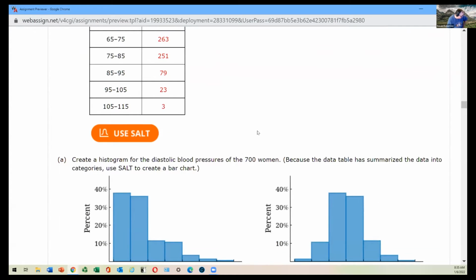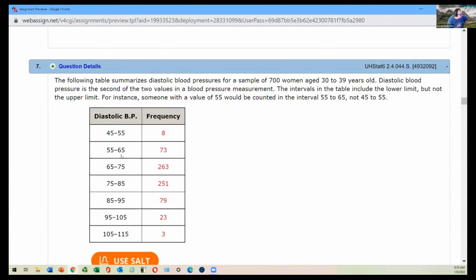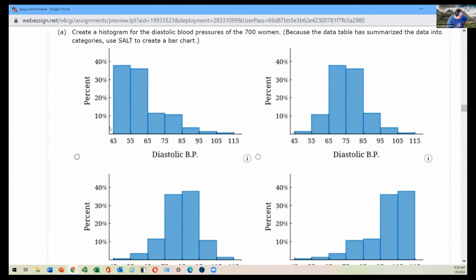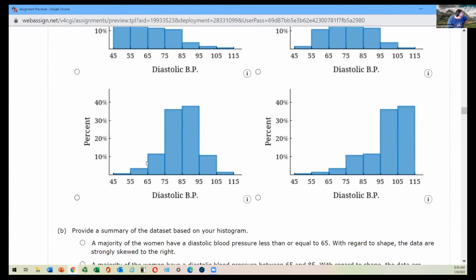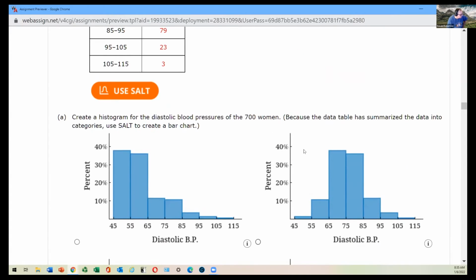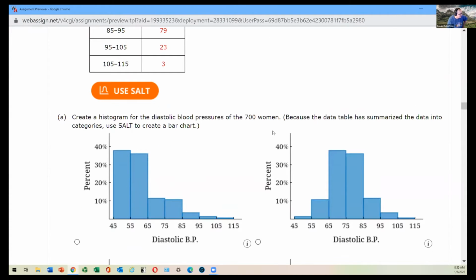Now it says here, create a histogram. Now, when you have grouped data like this, do you notice that you give the start number and the finish number? So this would be 45 to 55, and then it goes up that way. But when you look at these histograms here, do you see it's not giving you the raw data? Isn't it giving you the percentages?